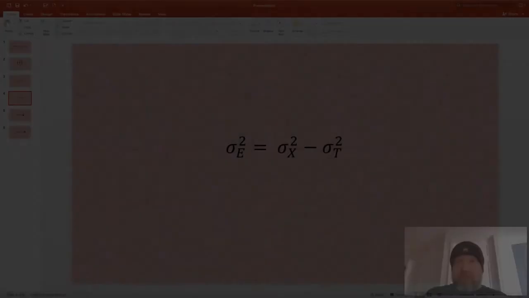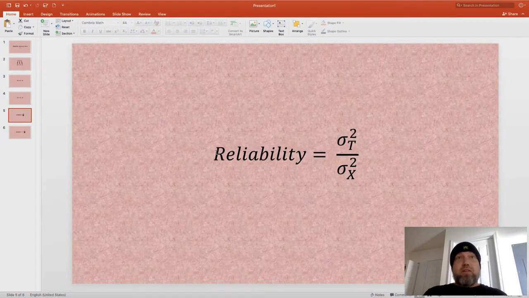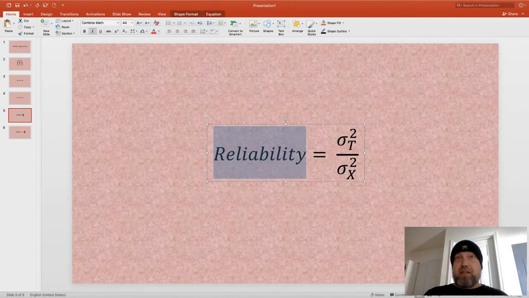So I can think about reliability as follows. There's actually a couple different ways that we can think about it. So this is the first way that we can think about reliability. And in this case, we're saying that reliability is equal to the true score variance over my observed score variance.